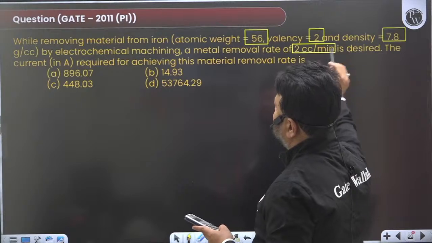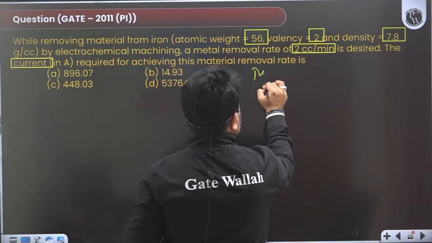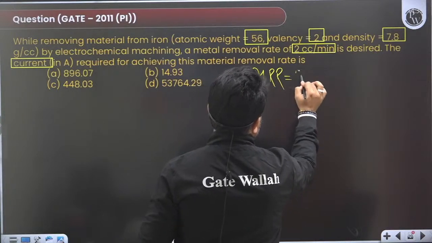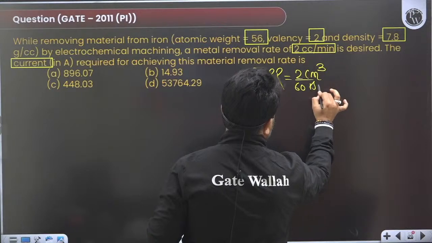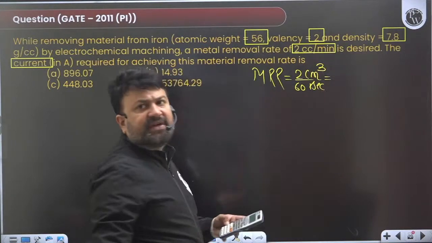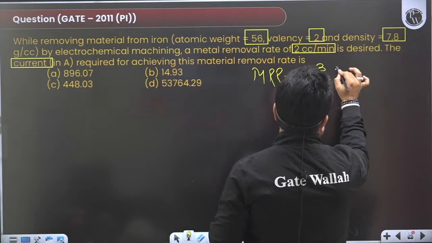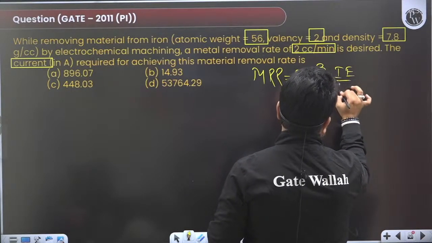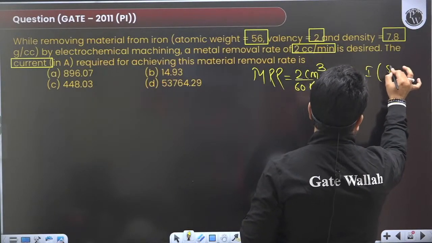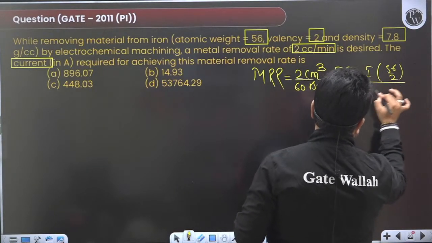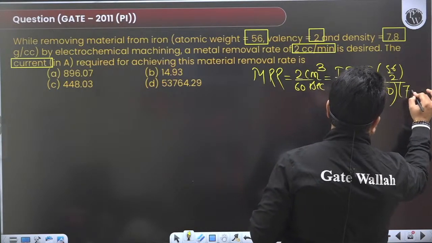Next, the atomic weight is this, valency is this, density is this, MRR is this, and the required current you have to find out. Material removal rate is 2 centimeter cube per minute, so 2 by 60 centimeter cube per second. That equals I E divided by Faraday into density. So I, E is 56 by 2, divided by 96500 Faraday, density is 7.8.